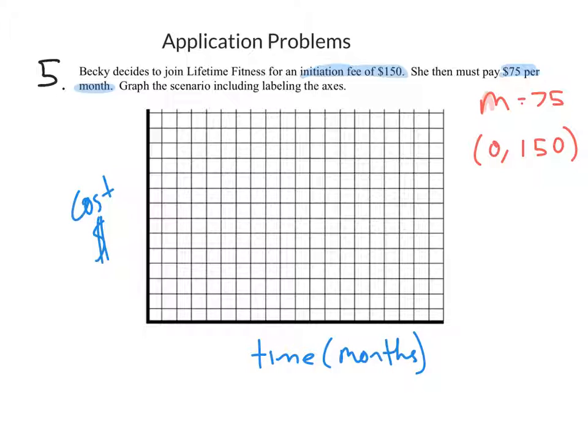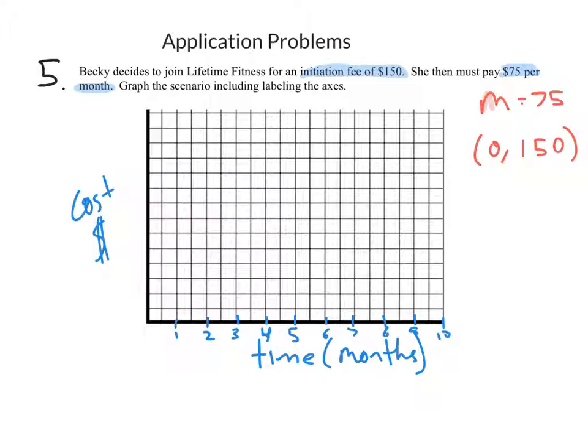Okay, so we can pick a scale for the axes. I'm thinking for the x-axis, every 2 tick marks will make a month. And on the y-axis, all right, let's think about my dollar amounts.